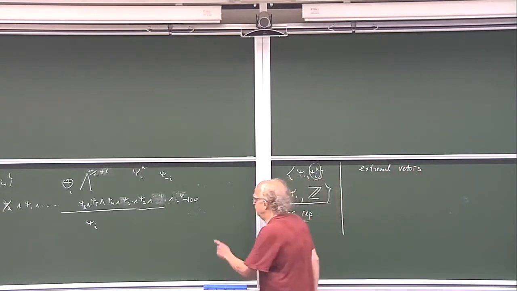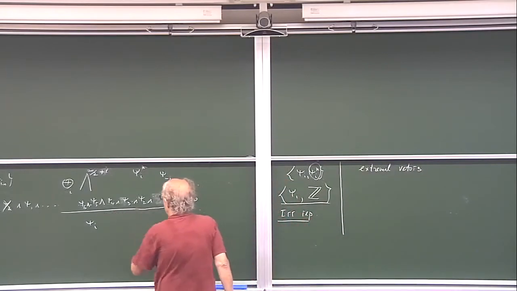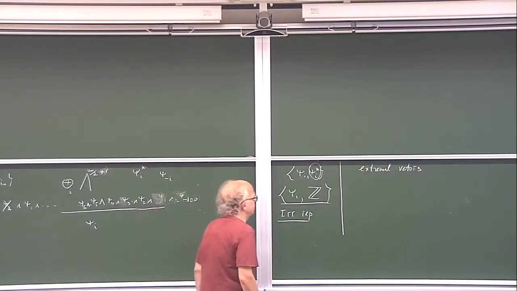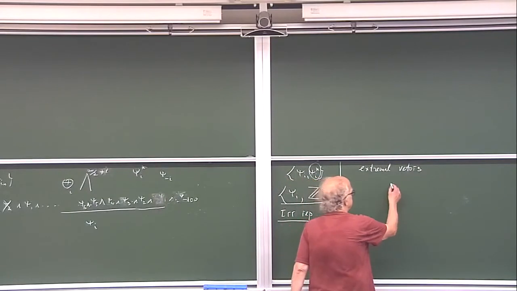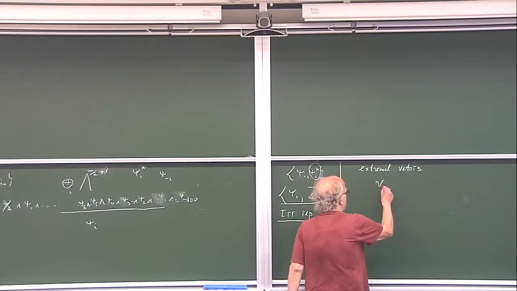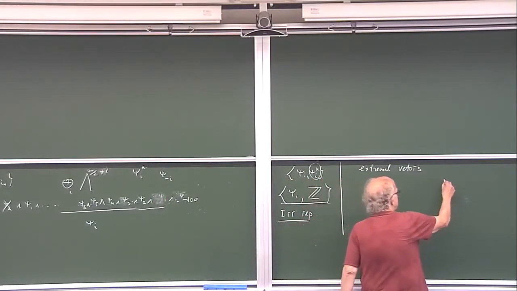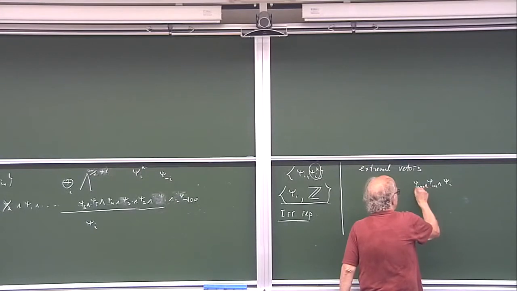Who are they? Such kind of external vectors, they are dense packing, and so it is some Vi is psi I plus 1, psi I plus 2, and so on.